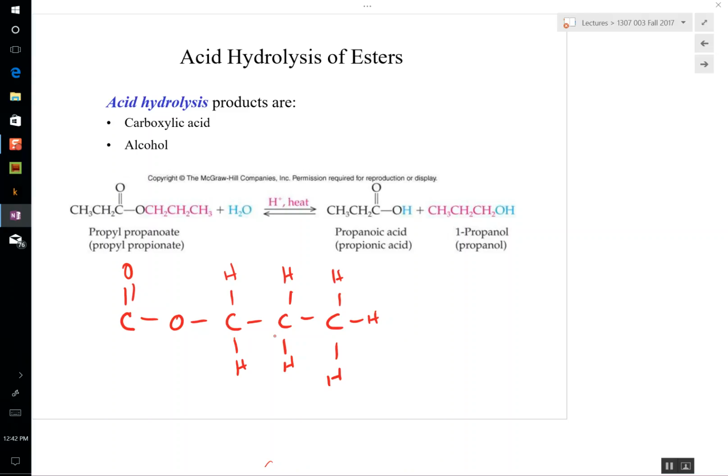So get it into the alcohol form with the right configuration. Here it's bound onto an N carbon. That's where the OH is going to add to it, on the N carbon. And you'll get 1-propanol and propanoic acid. All right, so that's acid hydrolysis.